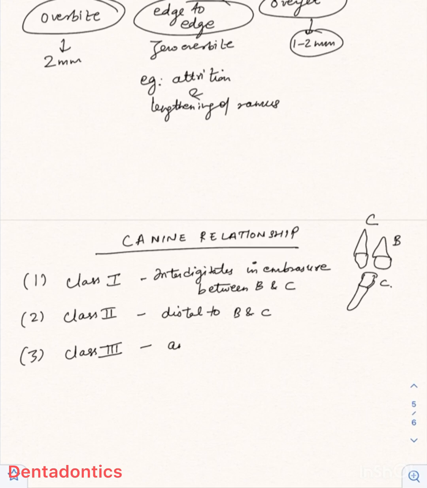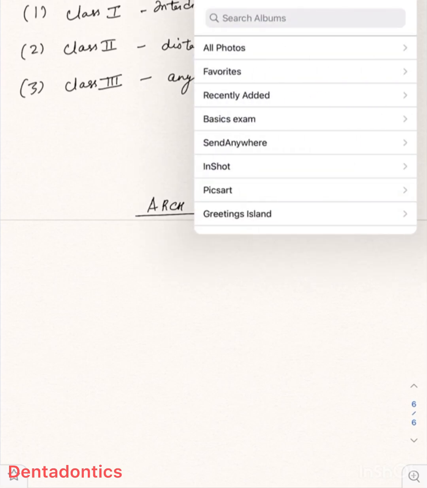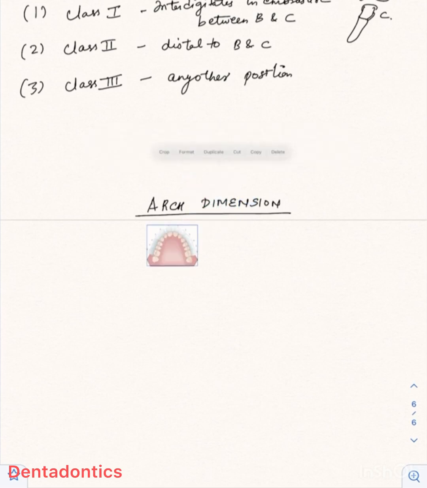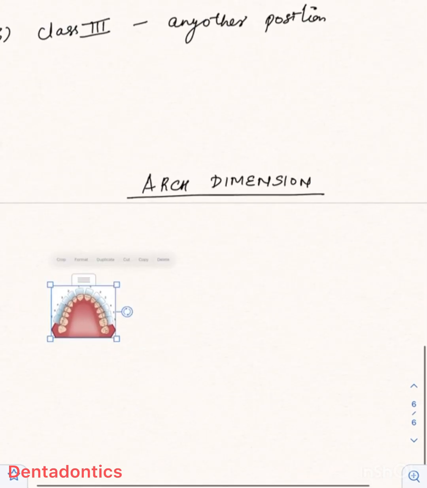Now coming to the arch dimension. It was given by Zsigmondy in 1890. As you can see in this picture, we have the full arch of teeth, from central incisor to the second molar.